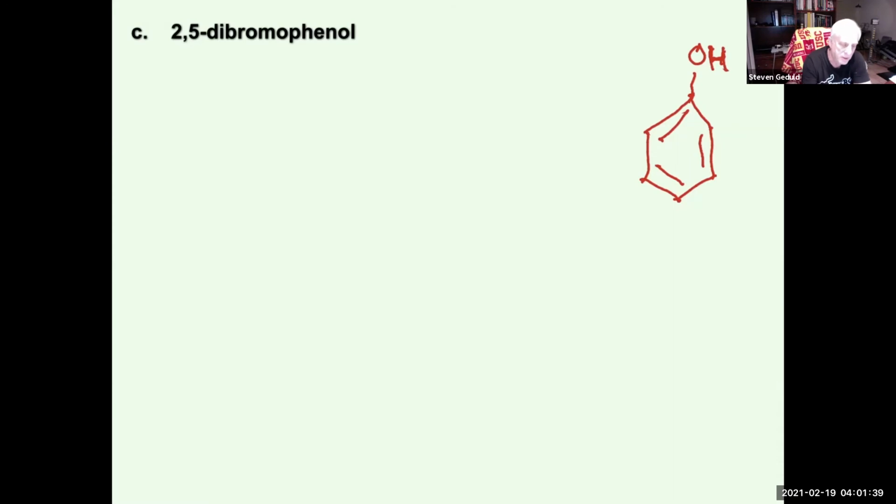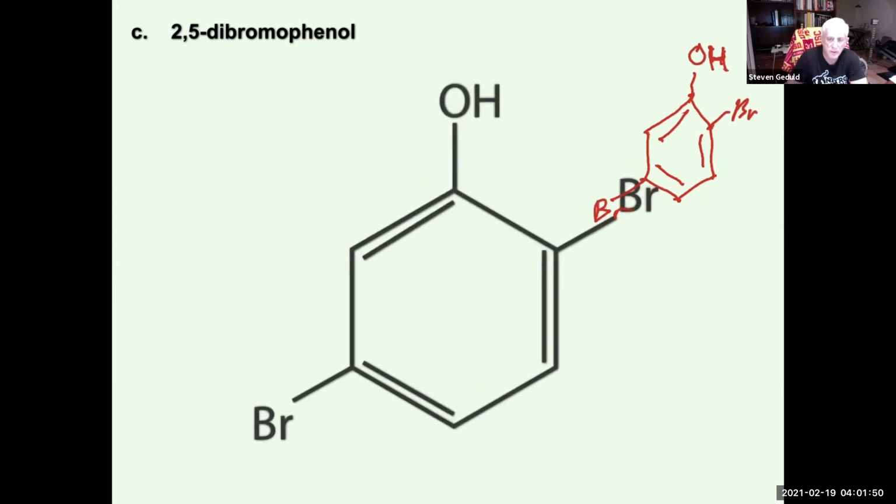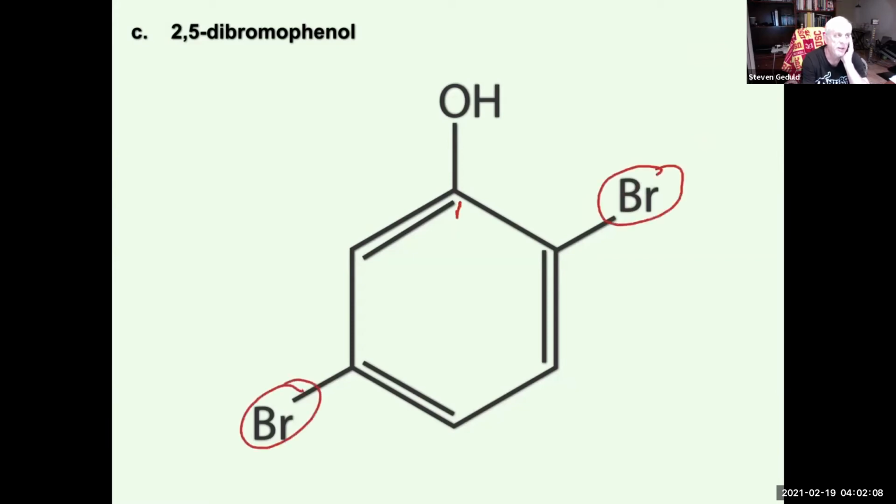So there's a bromine group at number 2, 3, 4, and a bromine group at number 5. So that's 2,5-dibromophenol. Again, the specialty group is always number 1. That's your phenol group, and there are two attachments at number 2 and number 5, and they're both bromine substituents.